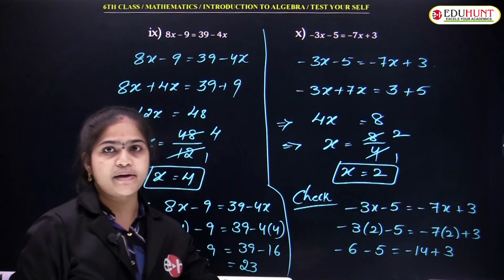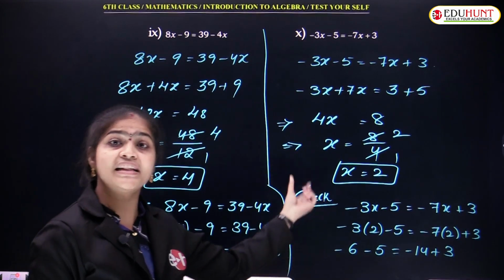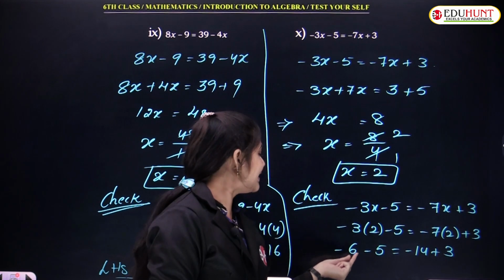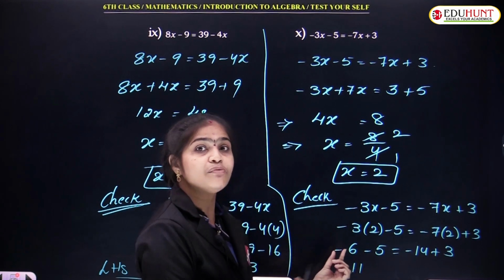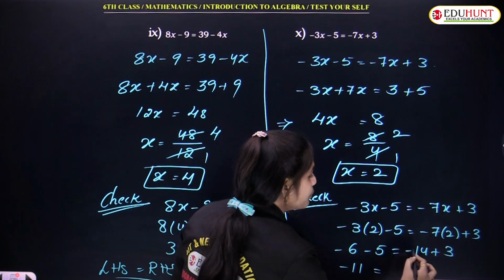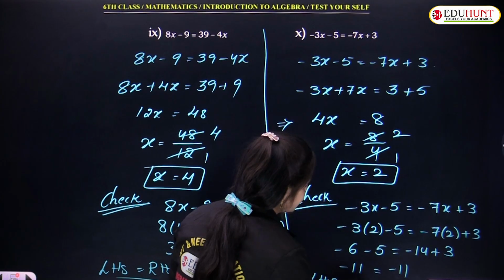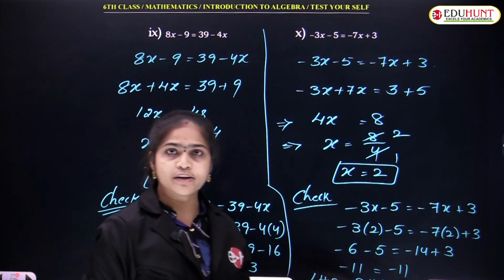Minus 6 minus 5: minus and minus, both having the same sign, so we go for addition. 6 plus 5 is 11, and we keep the sign they have. Finally minus 11 is equal to minus 14 plus 3, which is minus 11. Here LHS is equal to RHS, so it is satisfied.